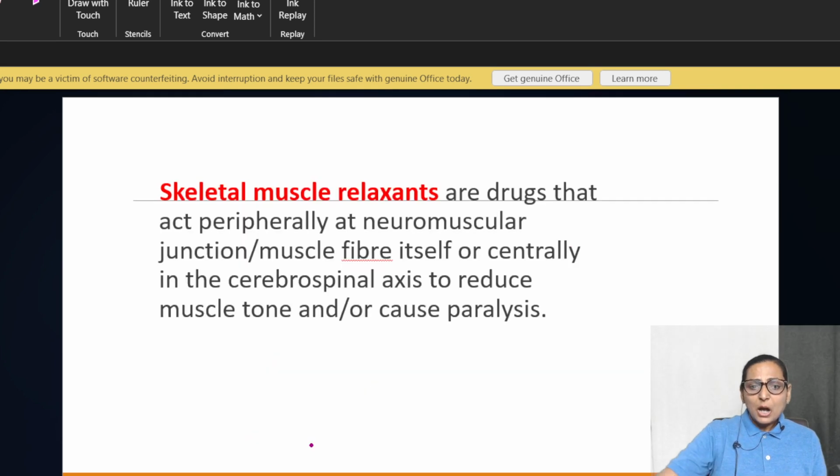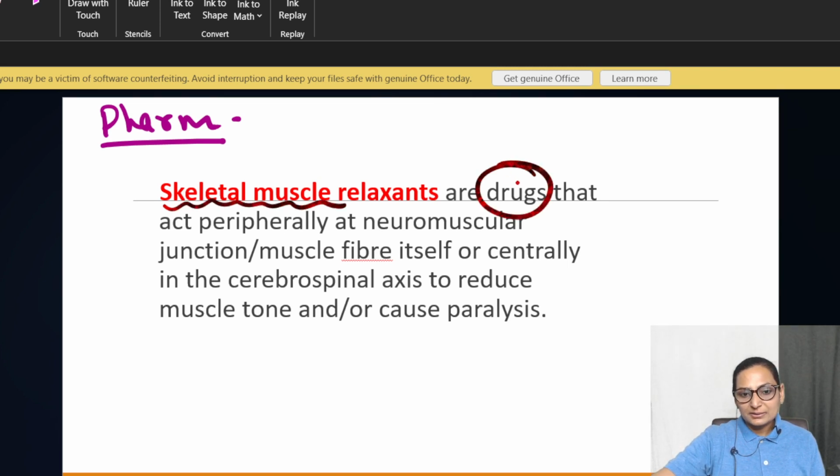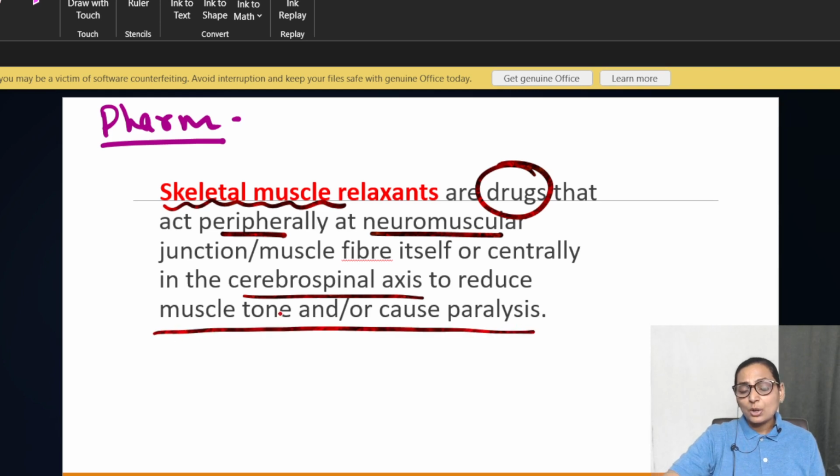Now how can I correlate this topic with pharmacology? See, many of us use skeletal muscle relaxants. So what are these? The skeletal muscle relaxants are drugs that act either peripherally at the level of NMJ or centrally in the cerebrospinal axis to bring about muscle paralysis or to decrease the muscle tone.